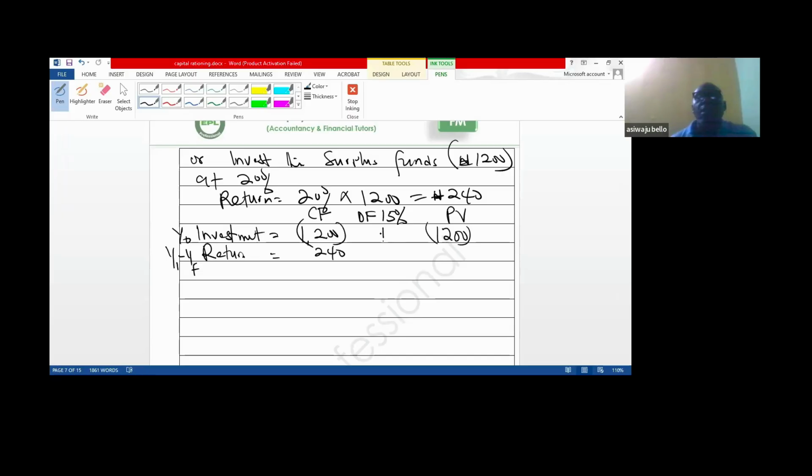How to get that? $240 divided by 0.15. That is how to calculate the present value of a perpetuity.